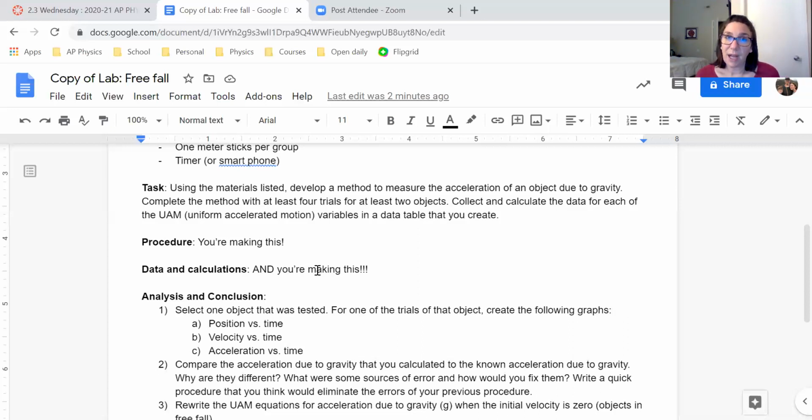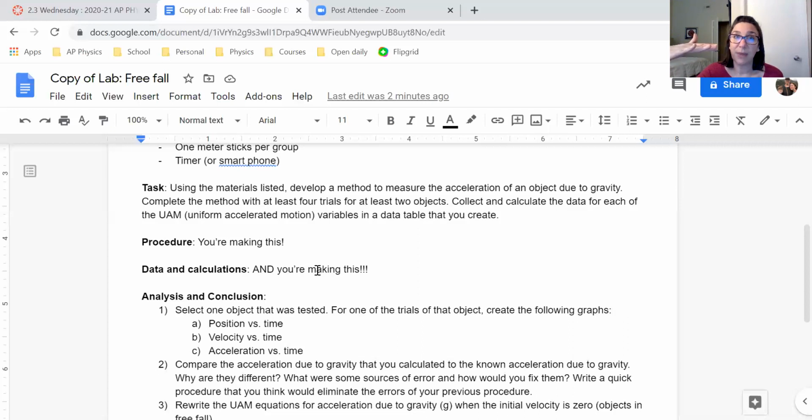When we talk about an object that is in free fall, say I am taking something and just dropping it. So if there is this object in free fall, what kind of things are we going to measure? So what kind of information do we want to get from that? Well, we want to be able to calculate the acceleration. That's in our purpose. And in order to do that, if an object is falling, what things can you measure?